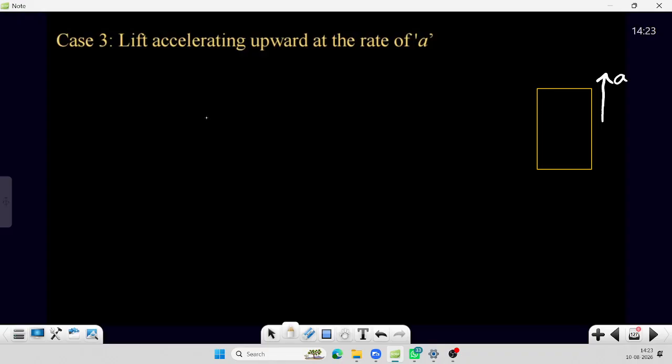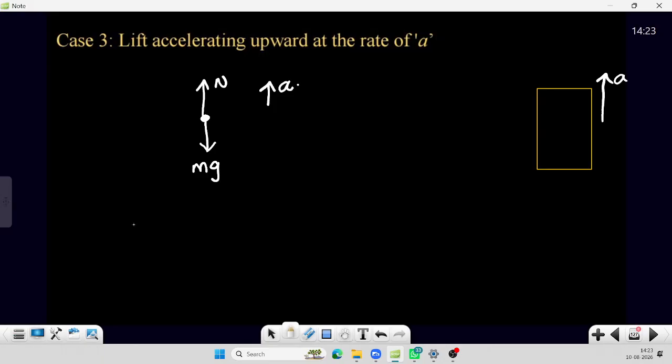Now in this case, tell me what will the weight be? The true weight is mg in the downward direction, and we have the normal reaction N, and what else? Now we have the lift moving upward, so we have acceleration in the upward direction.